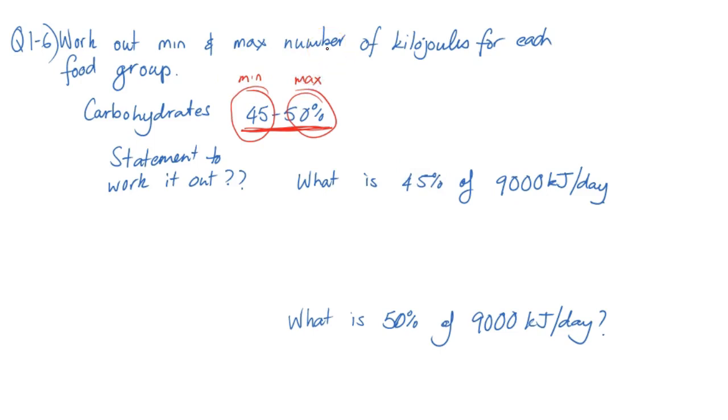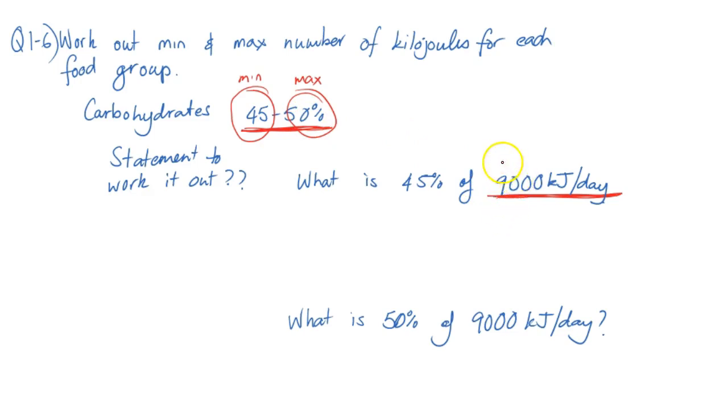So the statement that we need to say here is that for my minimum, I need to work out what 45% of the personal number of kilojoules burned per day is. So for this person, if they burn 9,000 kilojoules per day, 45% of that at a minimum needs to be carbohydrates, and 50% of it at a maximum should be carbohydrates.